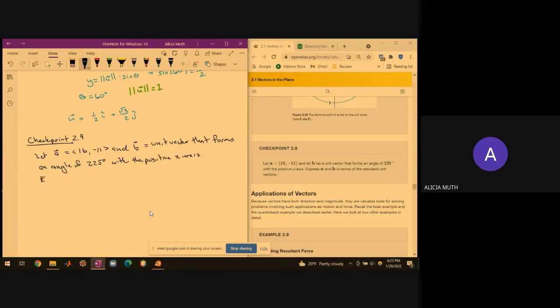So express A and B in terms of the standard unit vectors. All right, go ahead.